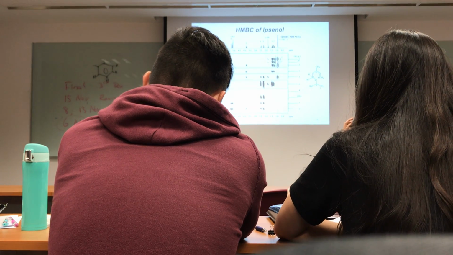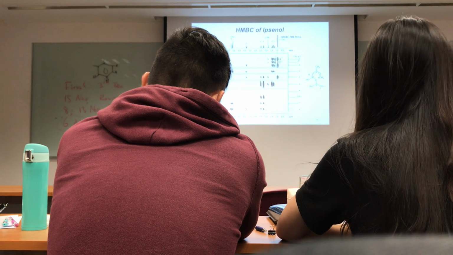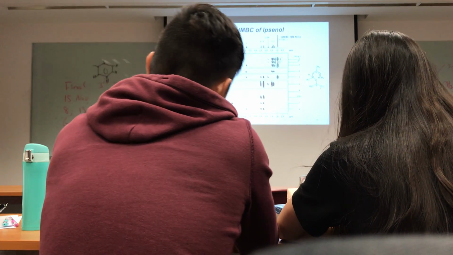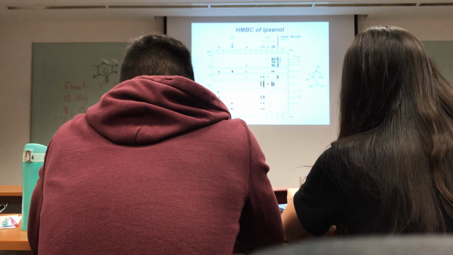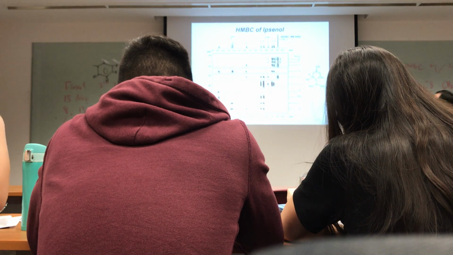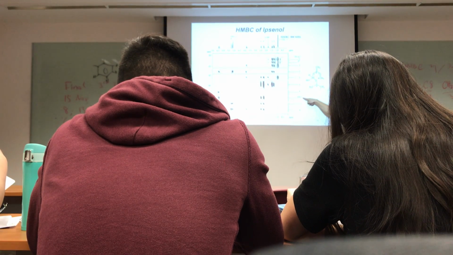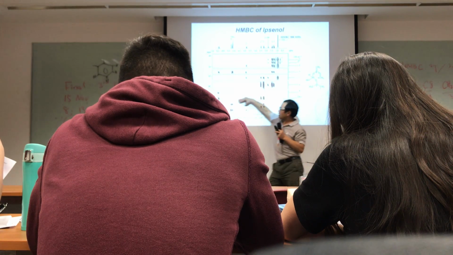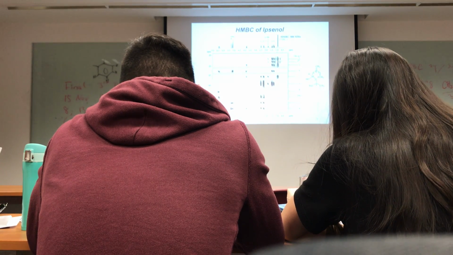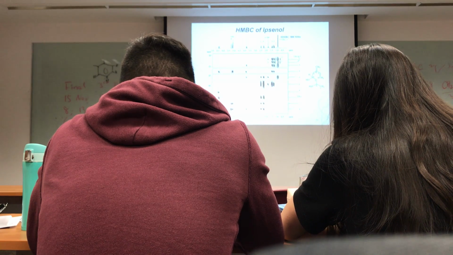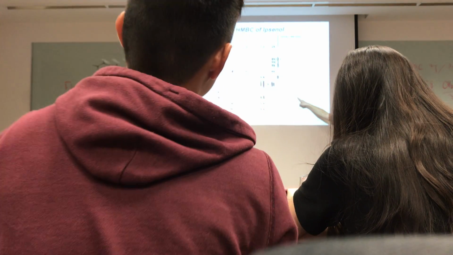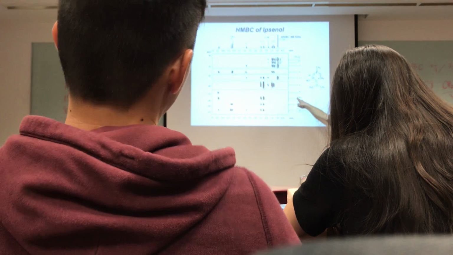This is just analysis. If you draw one line, that means this proton can see how many carbons. If you draw horizontal lines, for example for this CH2, you draw one horizontal line, you will see you have 1, 2, 3. You have 3 protons. That means this carbon can see 3 protons.